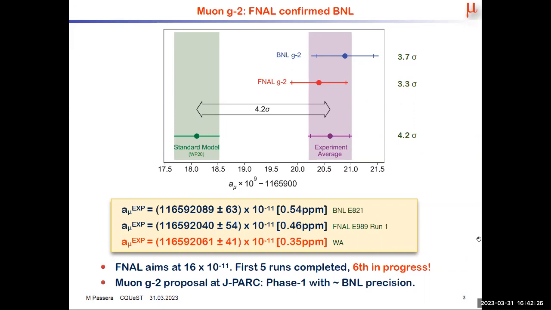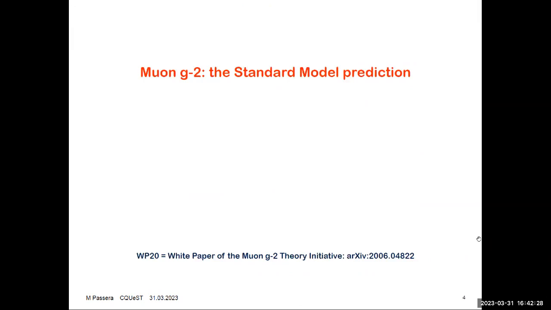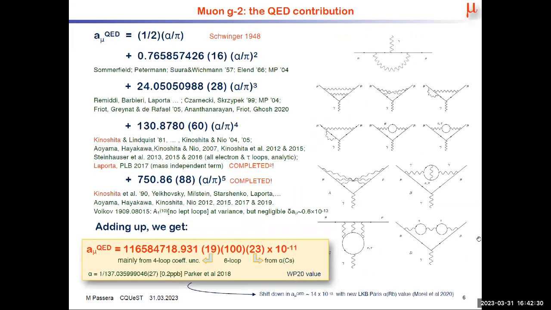All right, so this is what has been done, and the idea of what has to be done. And this is in one slide. I just really stick to one slide. This is the work from 1948 to very recently, the QED calculation of the muon g-2.